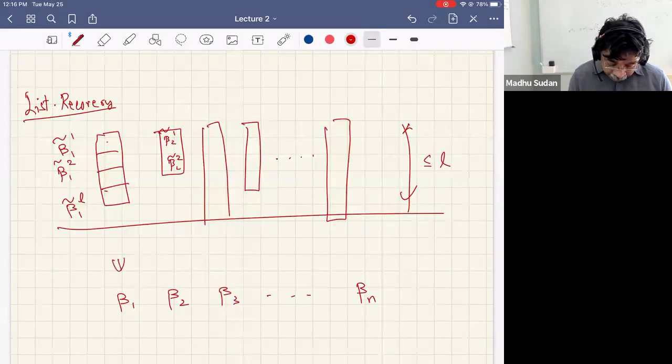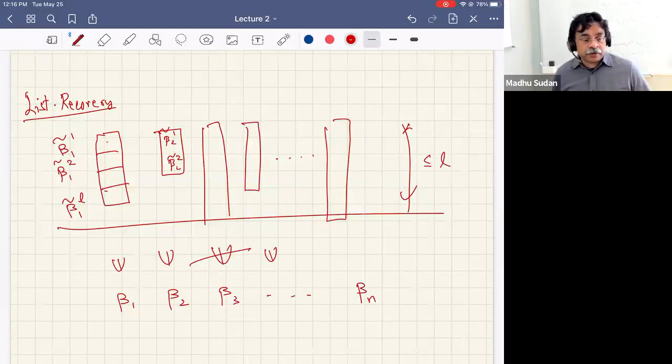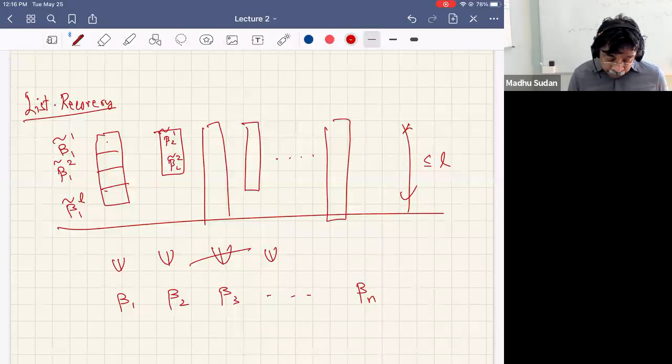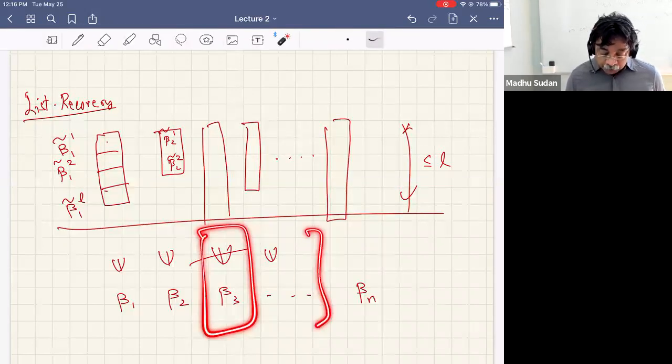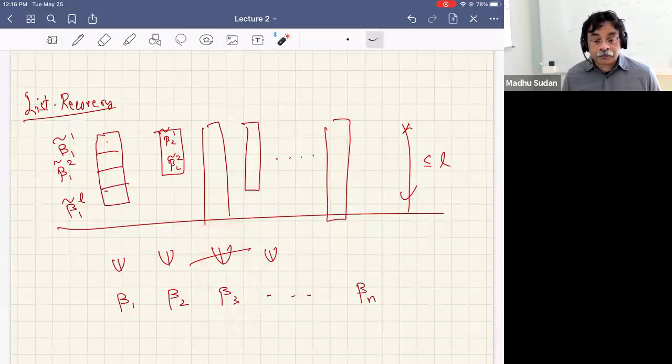This belongs to that set, this belongs to that, this does not belong to it, this belongs to it, etcetera. You can ask, can you somehow recover it with few errors, where errors are only those coordinates where you completely miss? Can you recover from some fraction of errors?